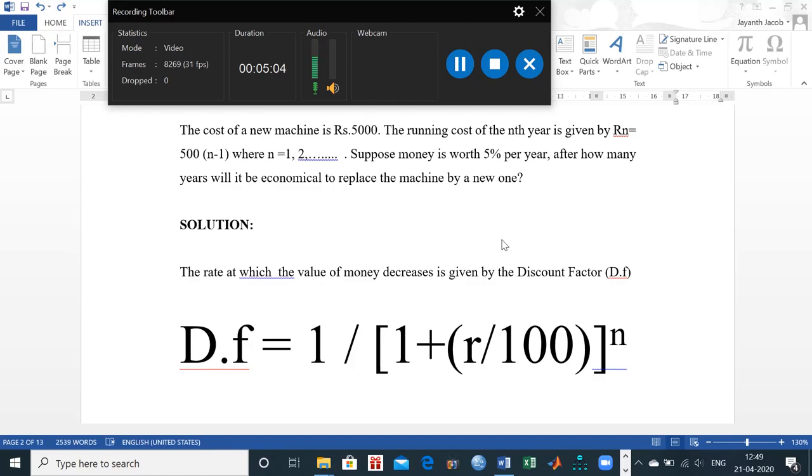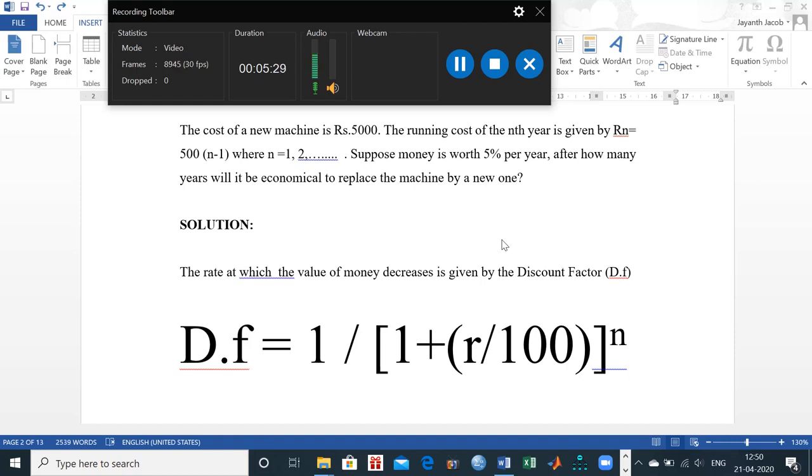The logic behind this is, if I raise the denominator to the power of n minus 1, and if in the first year n is equal to 1, then the discount factor is 1 divided by the term (1 plus r by 100) to the power of 1 minus 1, which is 0.